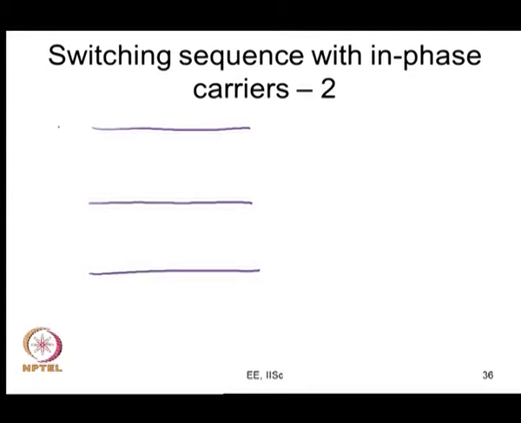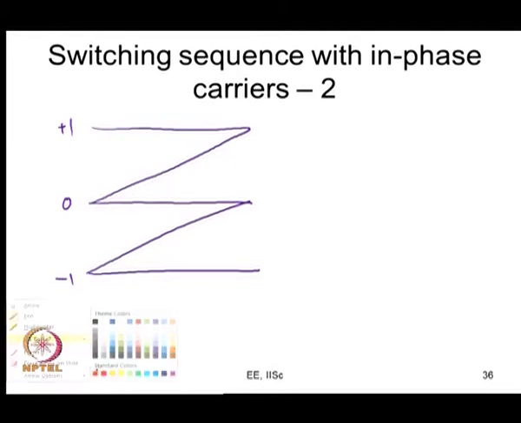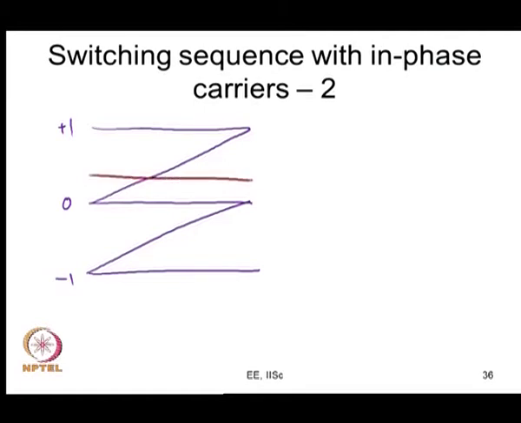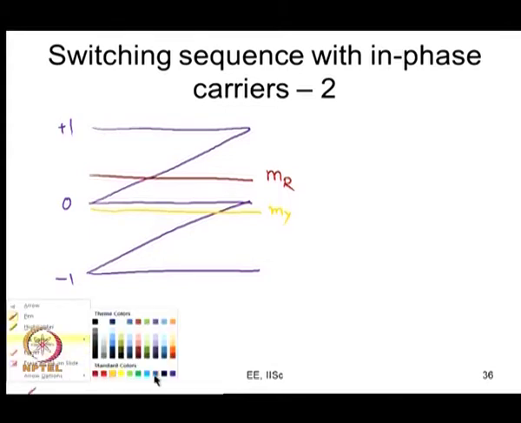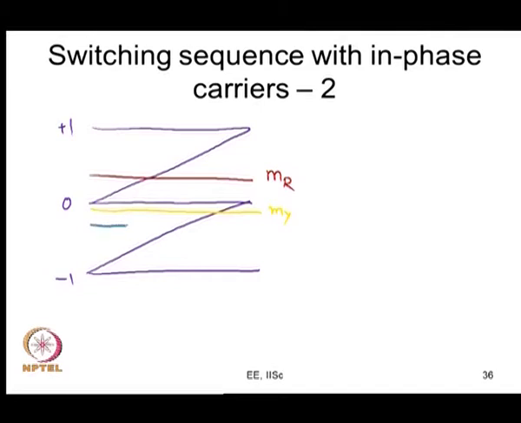Now, this is plus 1, 0, minus 1, these are the two carriers, and let me look at a low modulation index. So, low modulation index meaning I may have my MR like this, this is my MR. Let us say I am having my MY like here, and let me have my MB like here.